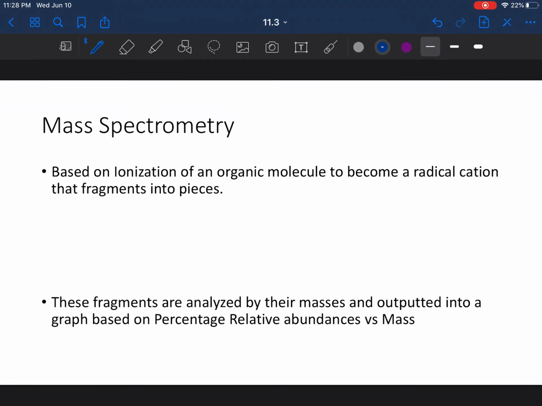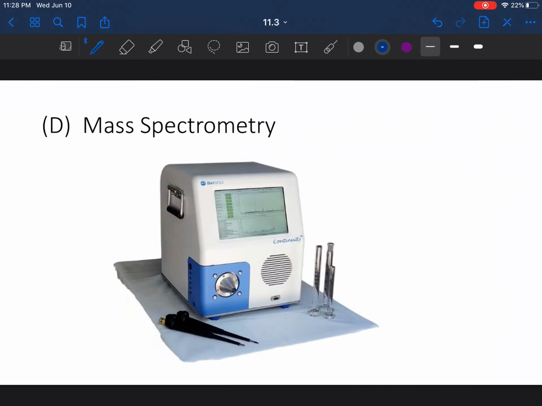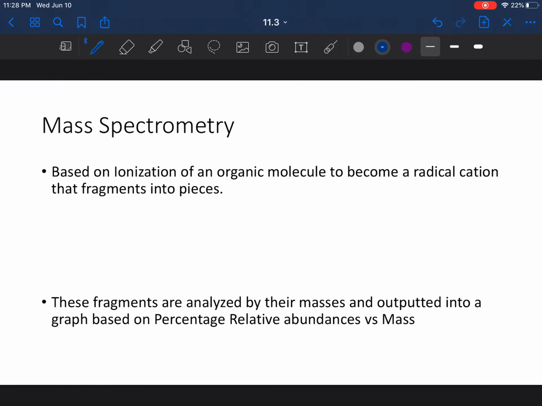So this machine right here, which we don't have here at Millikan, has the ability to ionize a molecule. Not just ionizing it, but also break it apart into fragments.